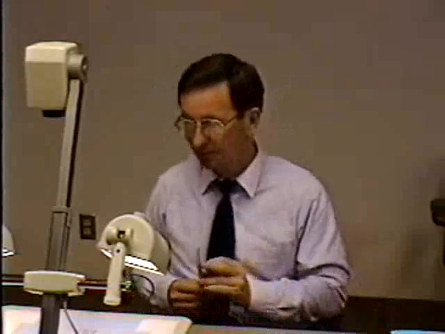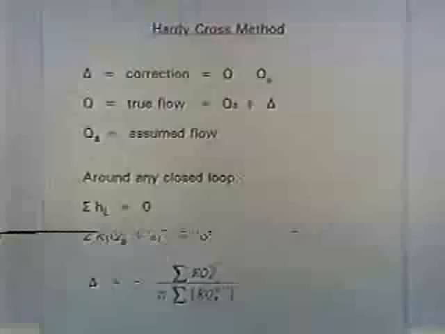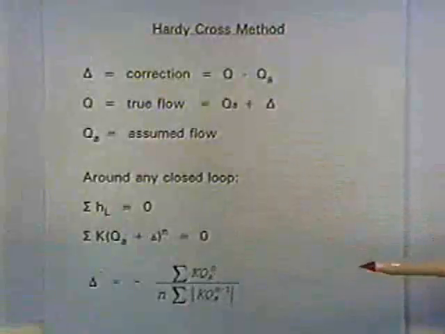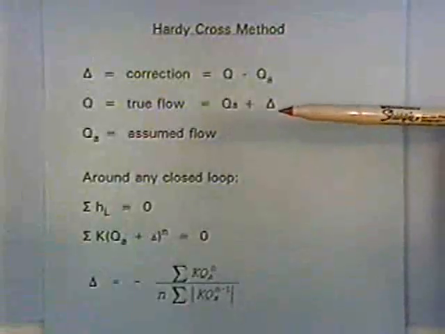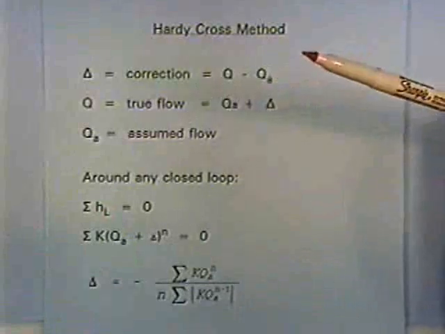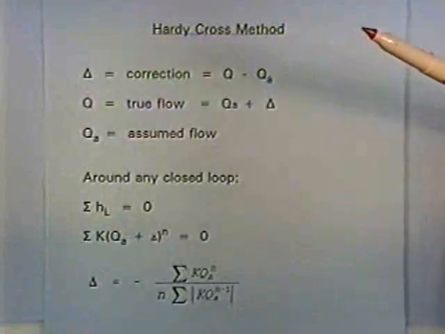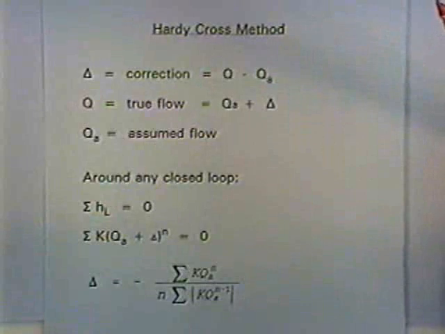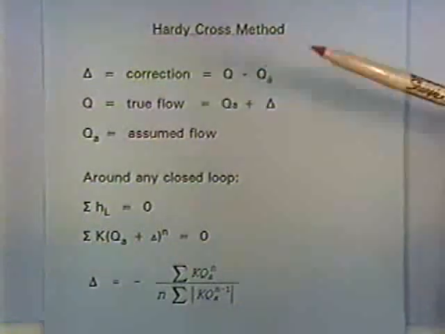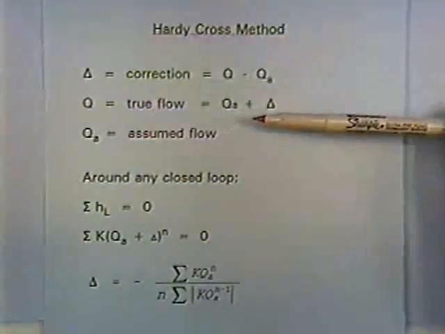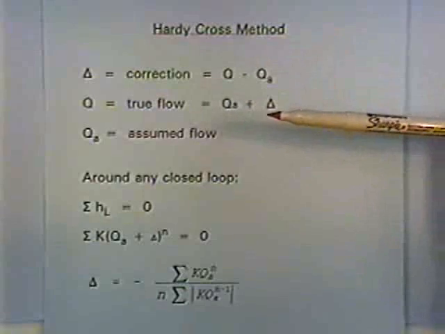It's presented in the engineering reference manual in the fluid mechanics chapter, and the basic equations are given here. By definition, we don't know Q, we're trying to solve for the discharge. And so what we're going to do is assume a discharge to get started, and then as we iteratively go through the process, we're going to keep updating that discharge.